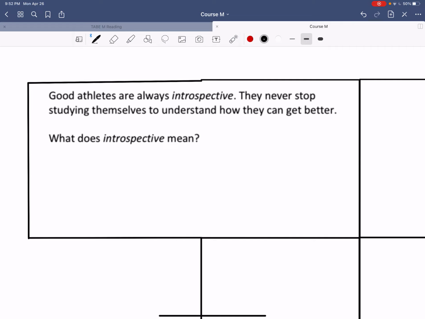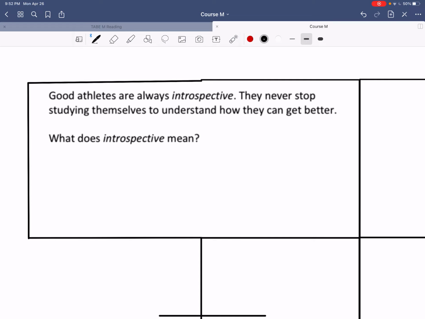Okay, let's read the sentences and see if we can figure out how to use this inference strategy. Good athletes are always introspective. They never stop studying themselves to understand how they can get better. And we're supposed to figure out what the word introspective means.